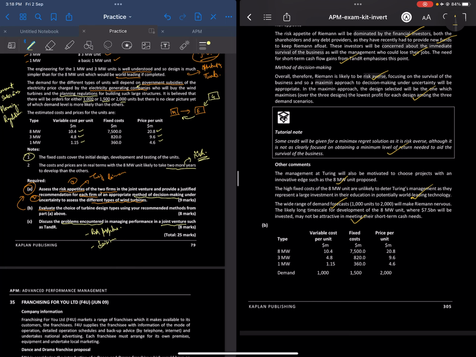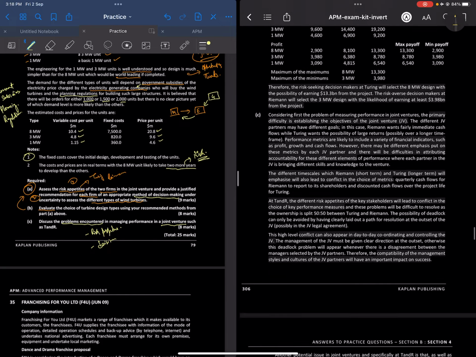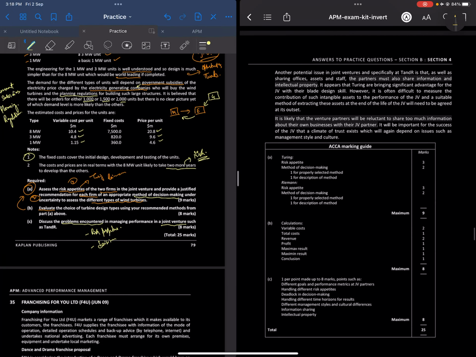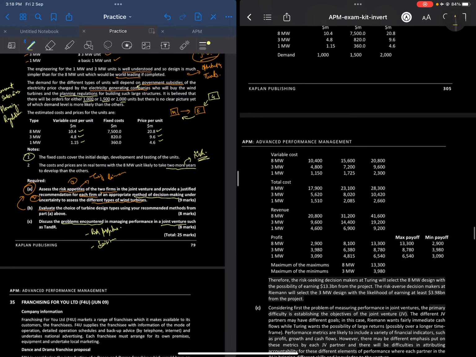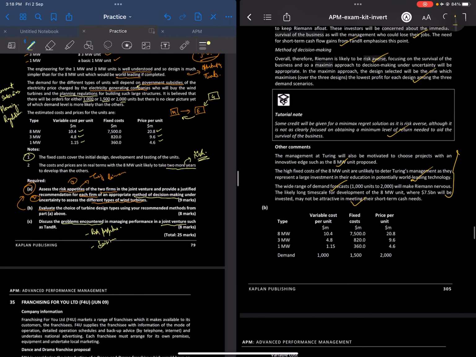I'm pretty sure they have allocated 2 marks for it. It's not mentioned exactly, but it will be granted marks, probably 2 marks, I guess.